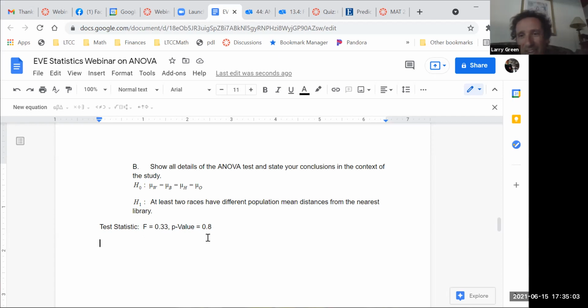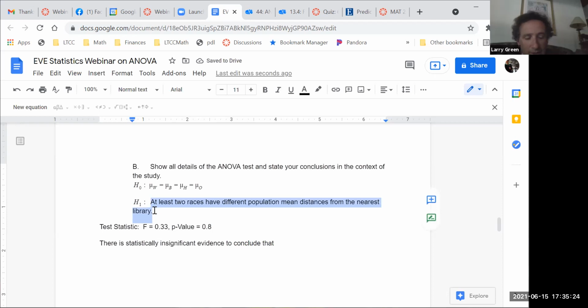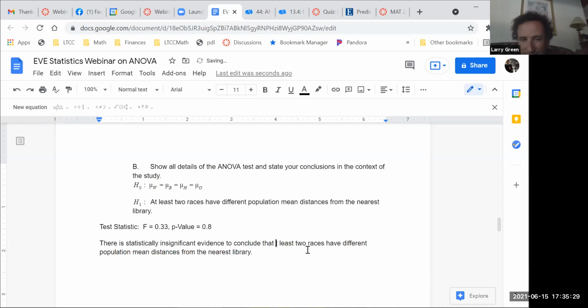Yeah, drop the study, increase the sample size, exactly. And the conclusion is there is statistically insignificant evidence to conclude that, and now I could just copy and paste H1 because that's what we're finding that we can't conclude: at least 2 races have different population mean distances from the nearest library.